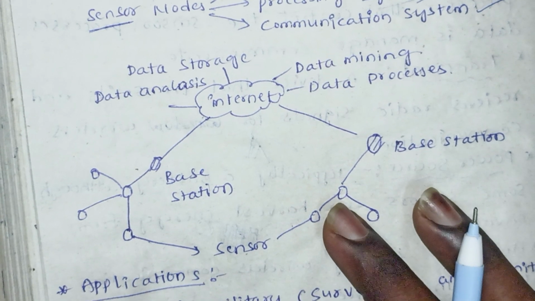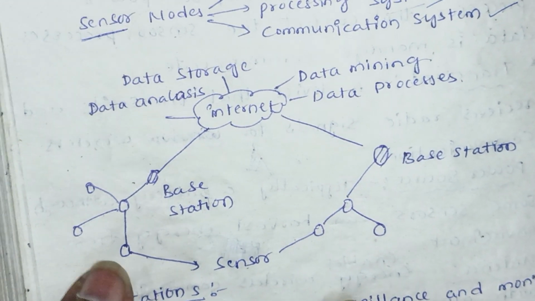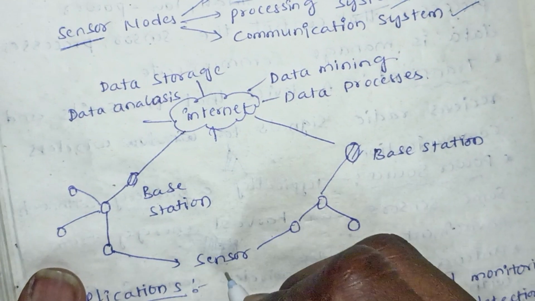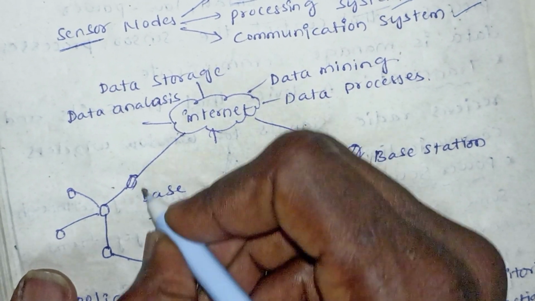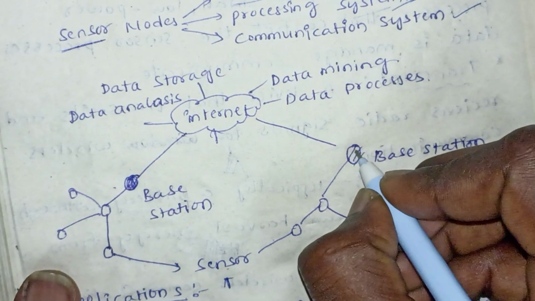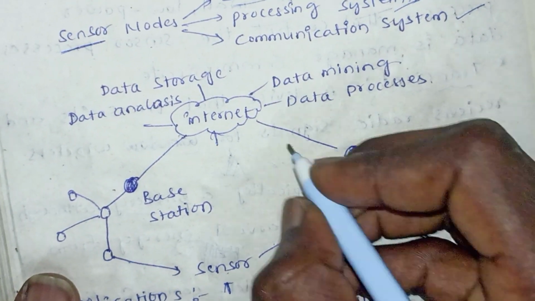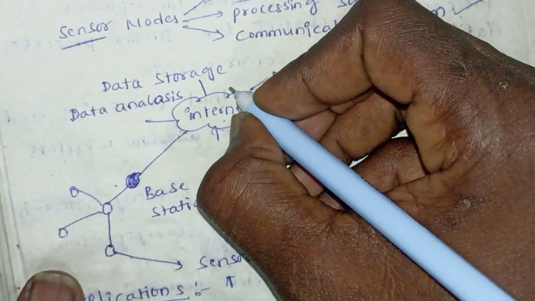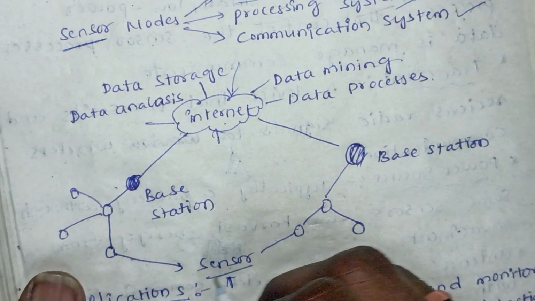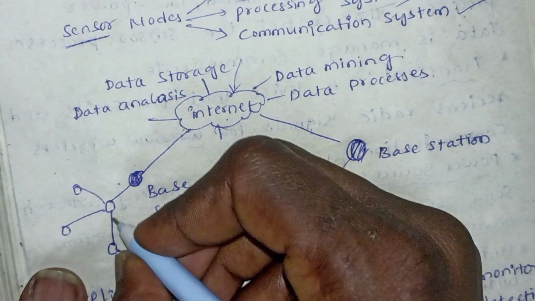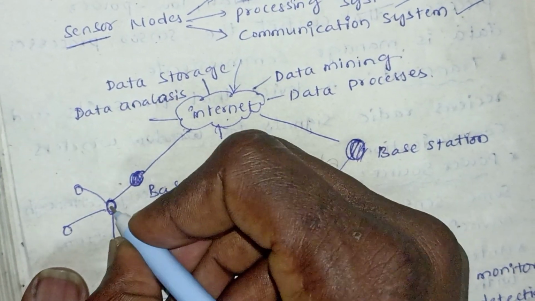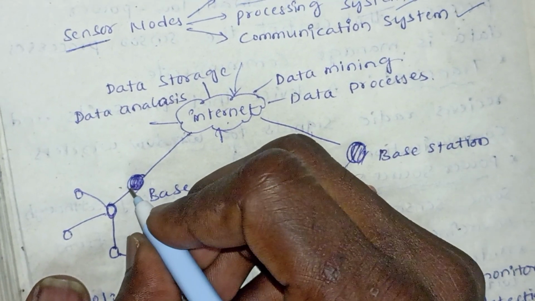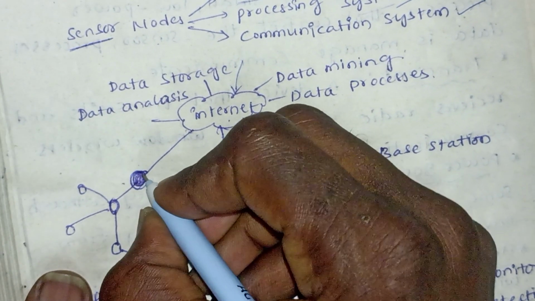Next, here see the explanation of WSN. For example, this is the internet and this is a sensor. In between we have the base station. Through the internet, the user can interact with the sensor. The sensor can give so many different types of data, so in between we have the base station, as I showed in the previous diagram.